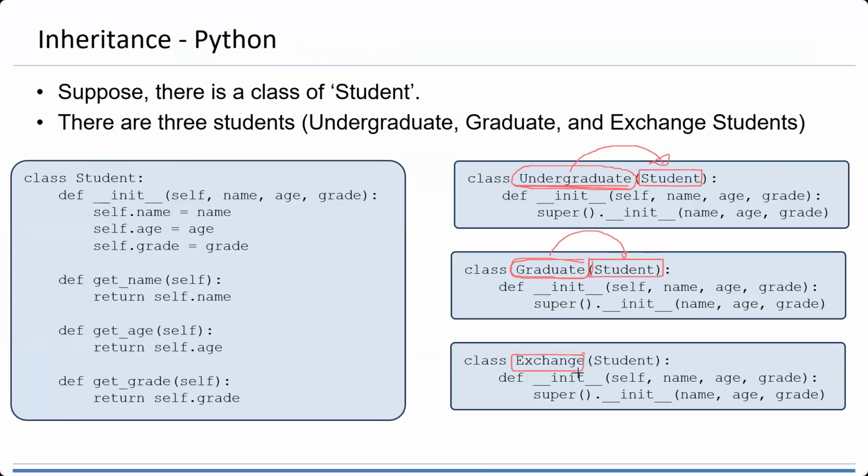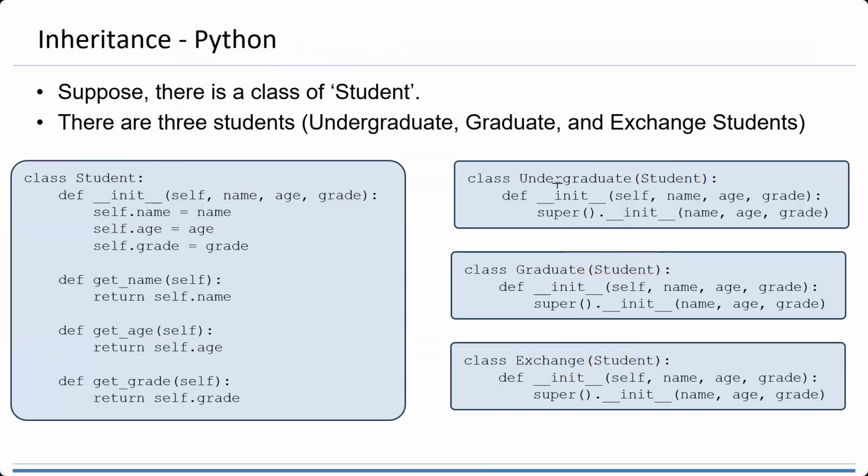The exchange student will follow the general information from the student class. So we call this inheritance. The undergraduate student inherits any properties in the student. Graduate student inherits any properties from the student. Exchange student inherits any properties from the student class.